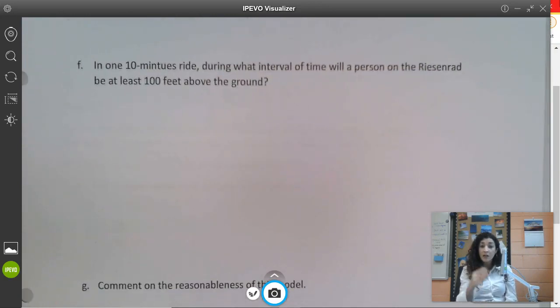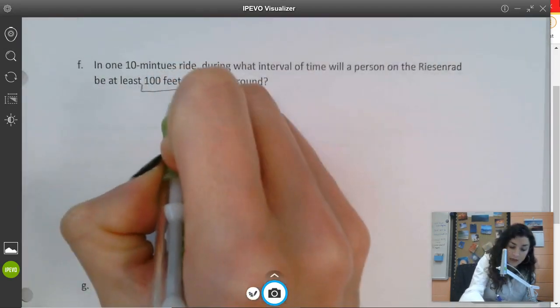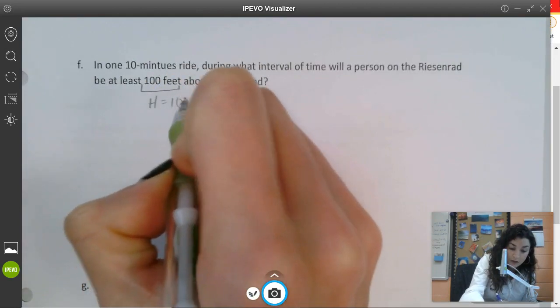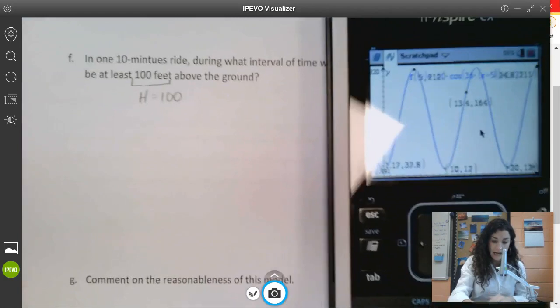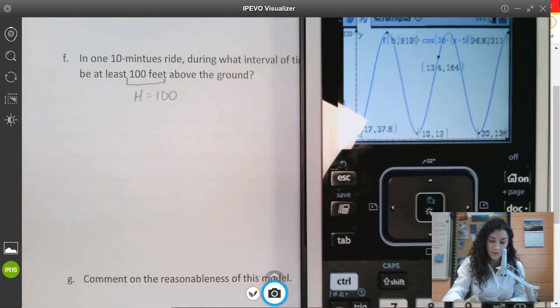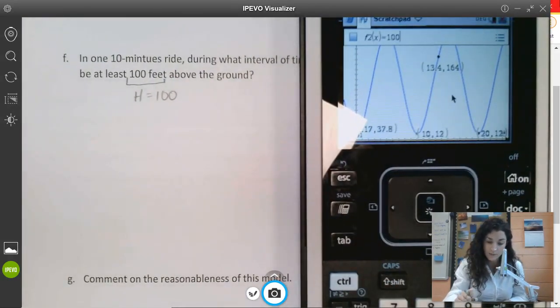Okay, in 1 10-minute ride, hey, continuing that story, during what interval of time will a person on the Riesenrad be at least 100 feet above the ground? Now that is h, right? In other words, our output. So setting it equal to 100 and seeing, hey, when is it above 100? We would be looking at our graph, at graphing a second equation, y equals 100.